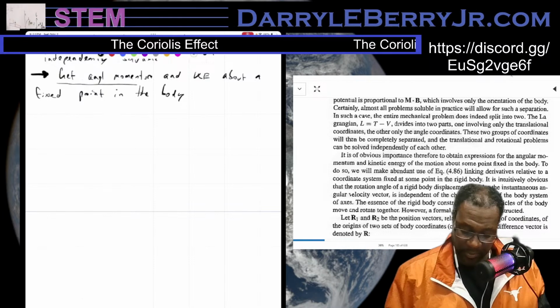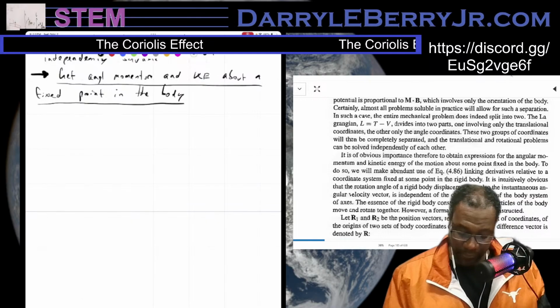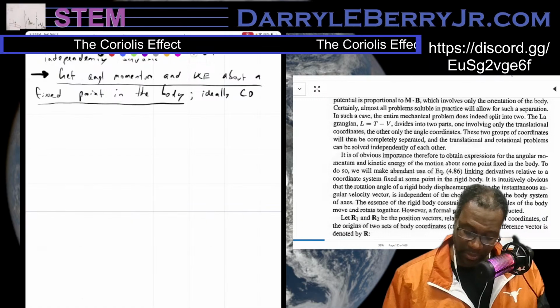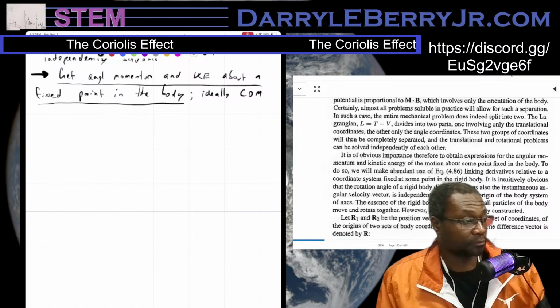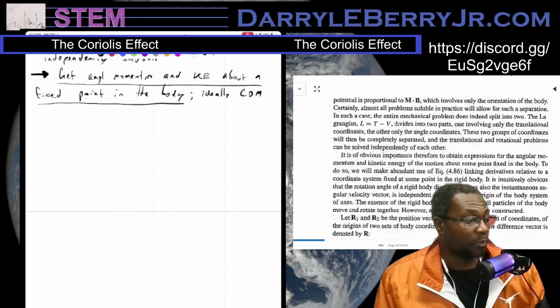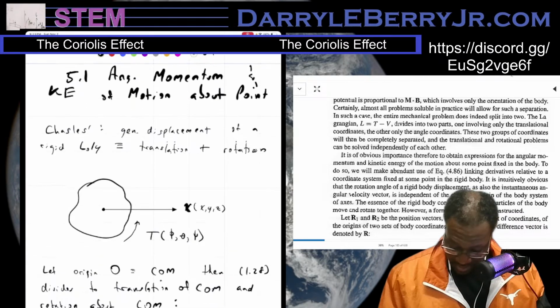So solving these problems, you need to get the angular momentum and kinetic energy about a fixed point in the body, ideally the center of mass. To do so, we will make abundant use of equation 4.86, which I believe I copied.